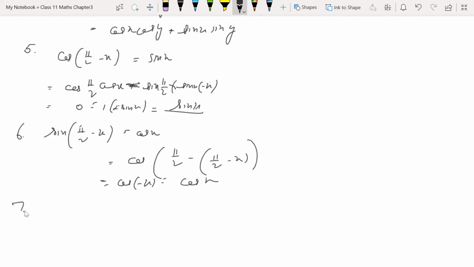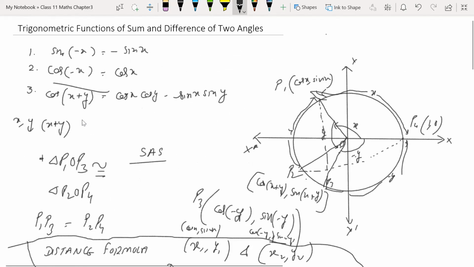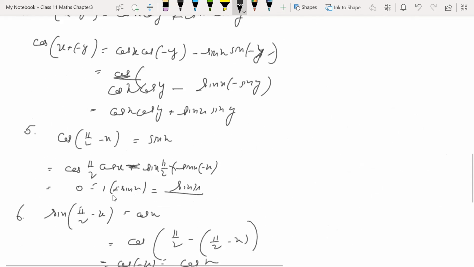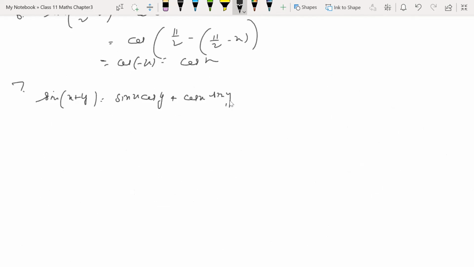Now one more identity. Our previous identity was for cos x plus y. The next identity is for sin. Sin of x plus y is equal to sin x cos y plus cos x sin y.